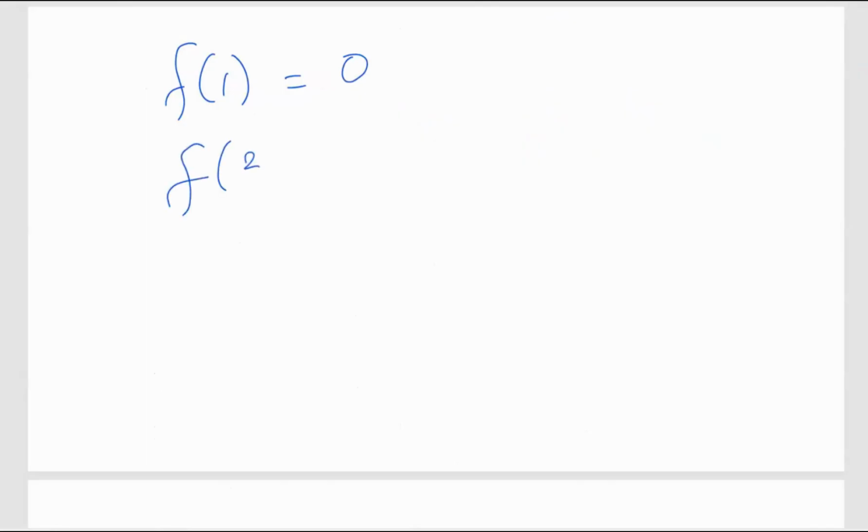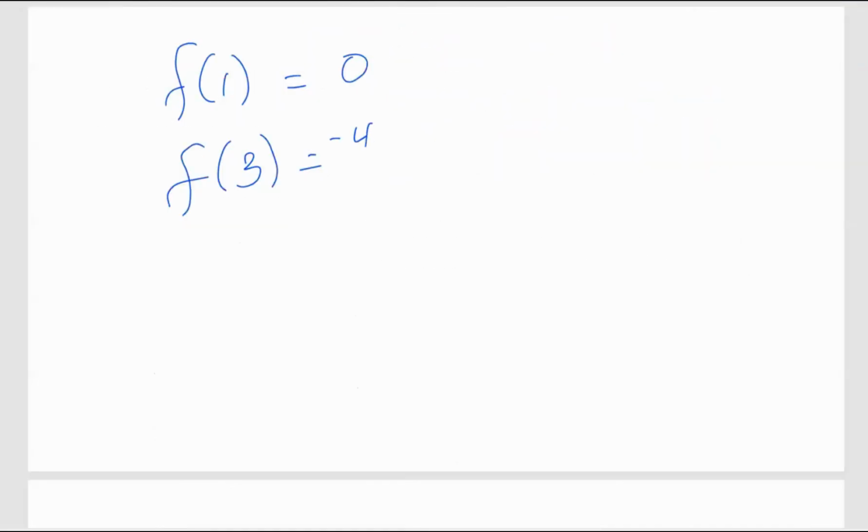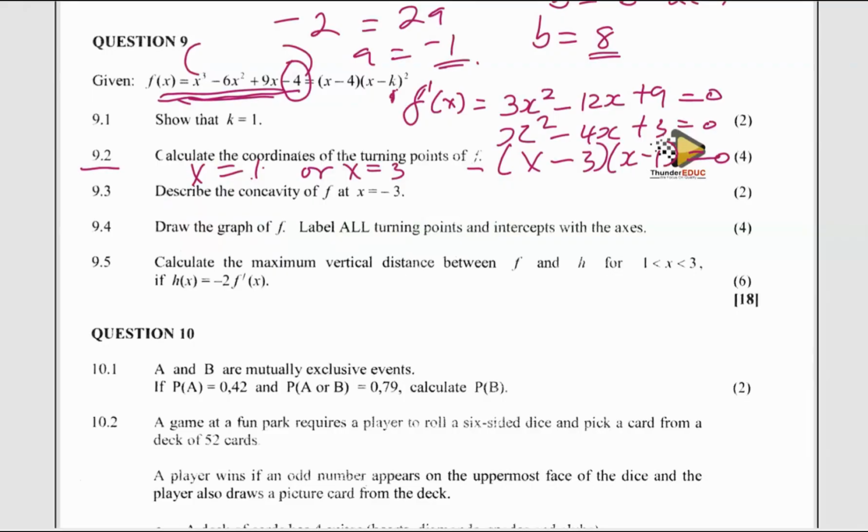And then if we're looking for f of 3, if our x is a 3, what value are we getting for y? We're ending up with a negative 4, meaning that we have 1 and 0, and then we have 3 and negative 4 as our coordinates. All right, then describe the concavity at this point, x is 3.